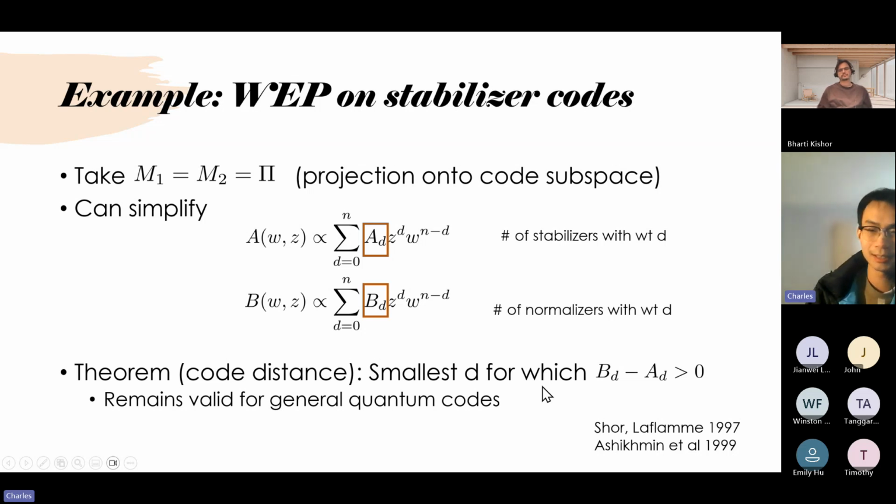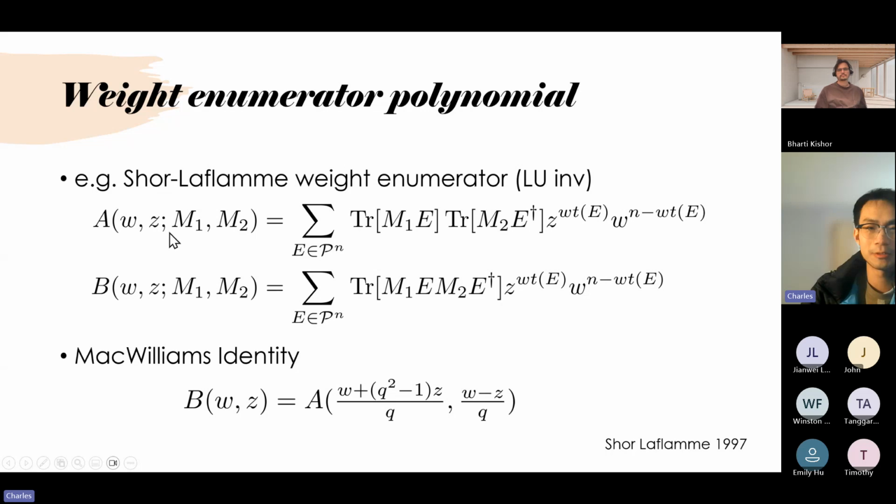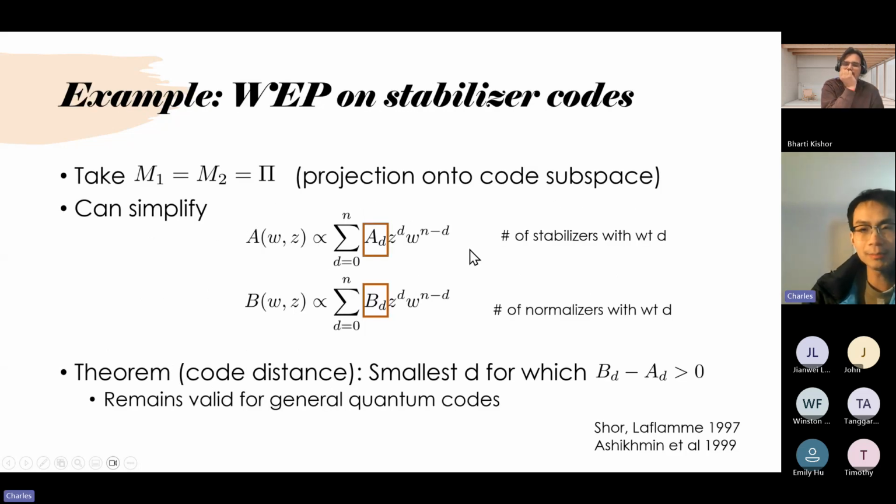If I take M1 and M2 to be the projection operator onto the stabilizer code subspace, then I can simplify the expression above and massage it into the following form, where these A_D are just the coefficients of the monomial where Z has power D. Up to normalization factors, A_D is simply counting the number of stabilizers that have weight D. Similarly, B_D here is counting the number of normalizers with weight D.